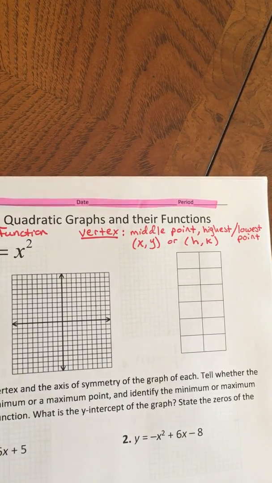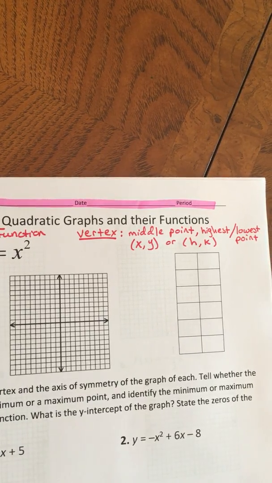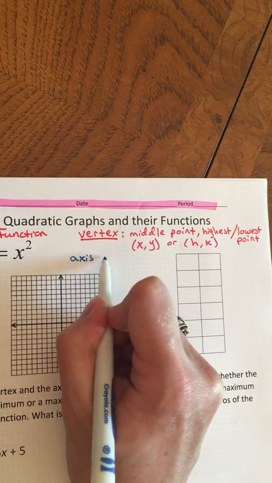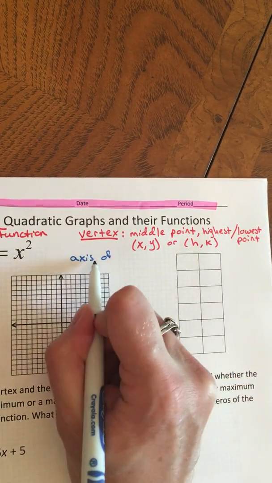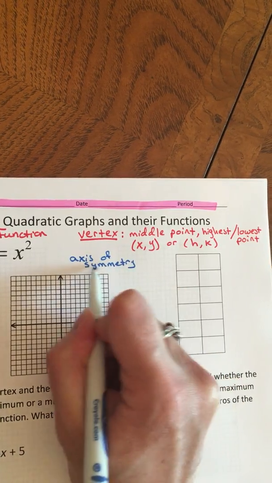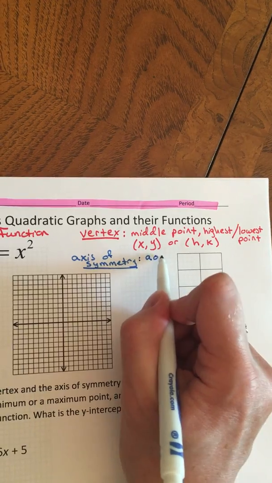We're going to have an axis of symmetry. So let's talk about the axis of symmetry. I usually refer to this as the AOS.